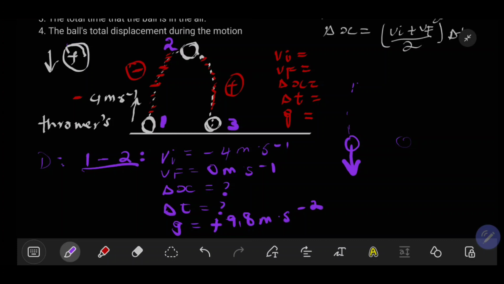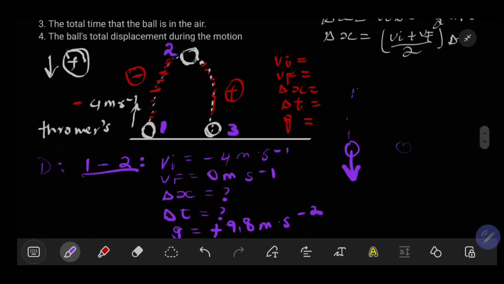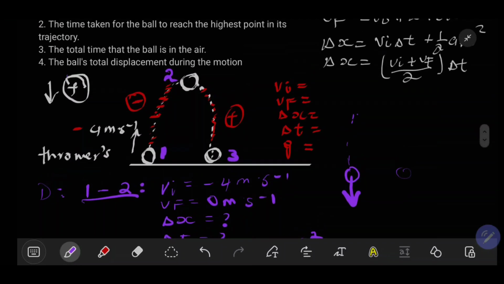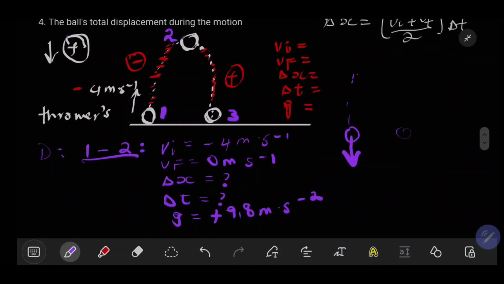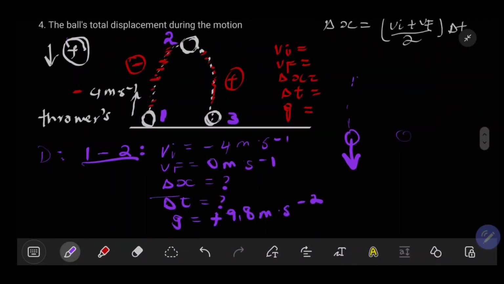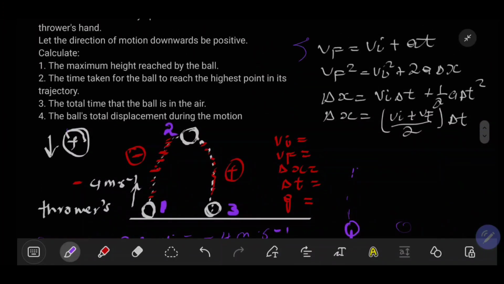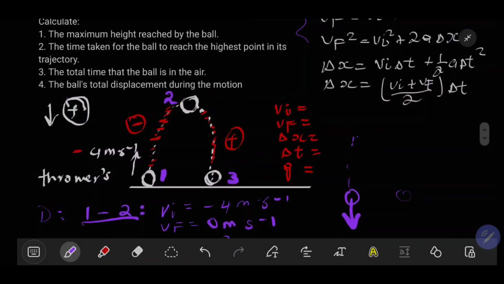All right, so when we calculate this, we have to check for the relevant formula. Here we have the v final, the v initial. We are looking for the maximum height. For now we don't necessarily need the time, because we have v initial and v final.